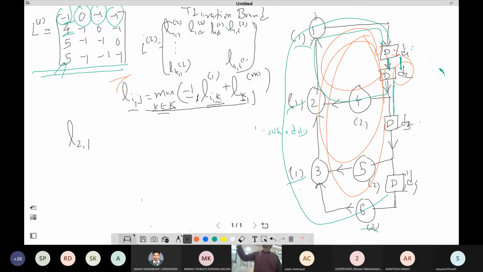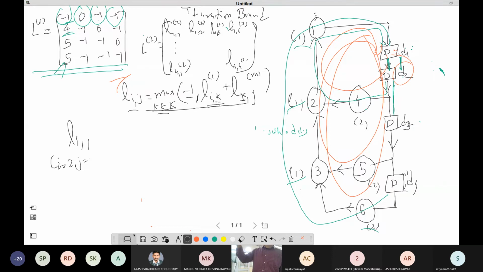So L21. So that means I is 2, J is 1. So let's start with L11 only. Let's put it 1 only.